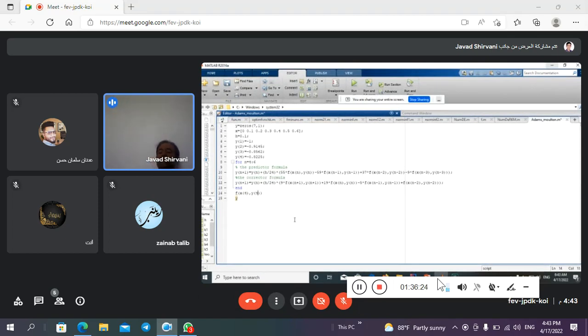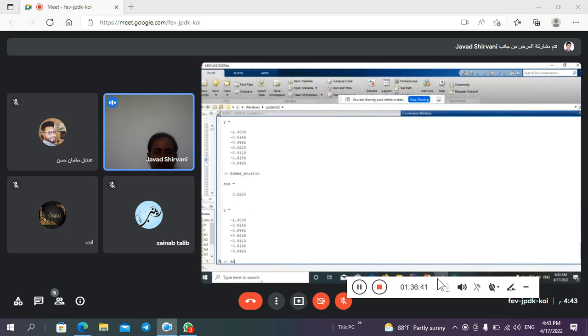The indices in MATLAB start from 1, but in this book the indices start from 0. Let me run that and show the output.